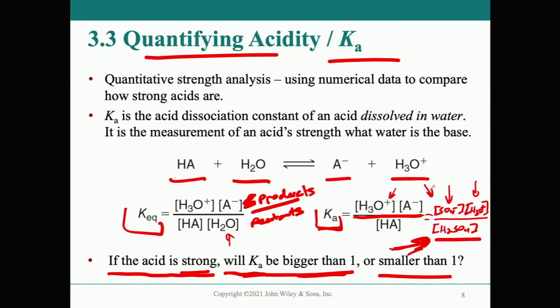So you would have a small number divided by a large number, and that would give you a very small number, smaller than 1. And that would be a weak acid. So generally, strong acids are bigger than 1 and weak acids are smaller than 1. But you'll see in a second why there's a big problem with that.